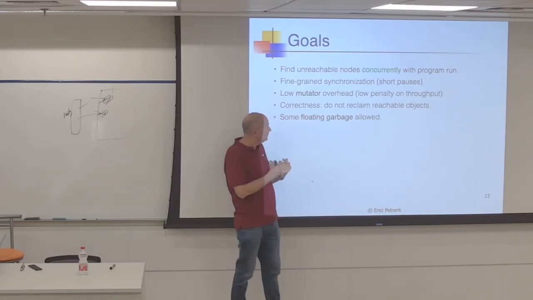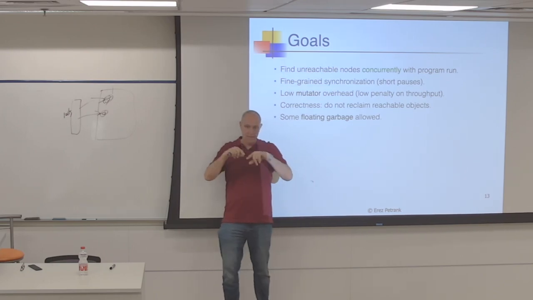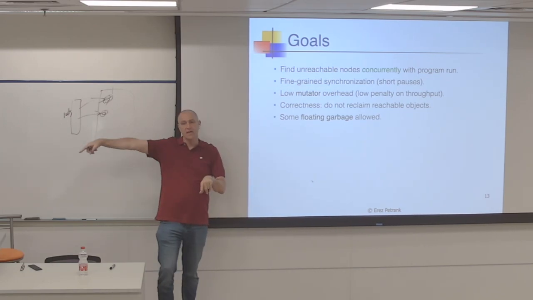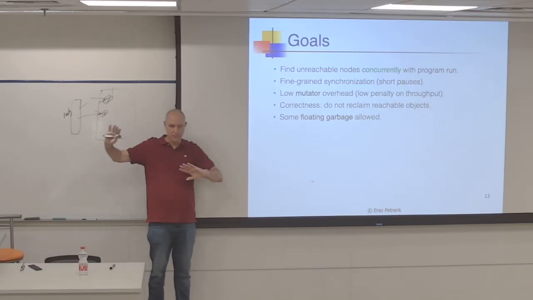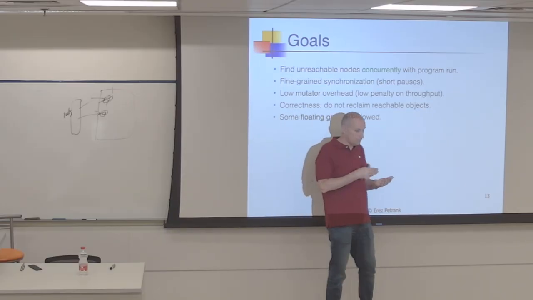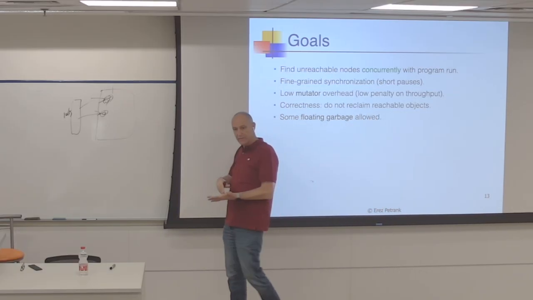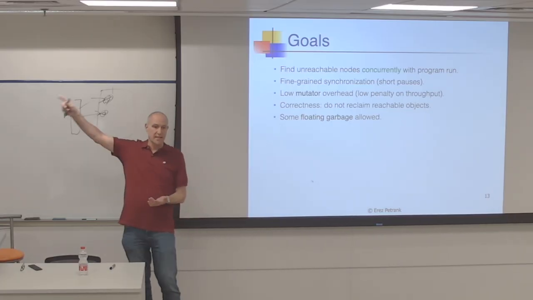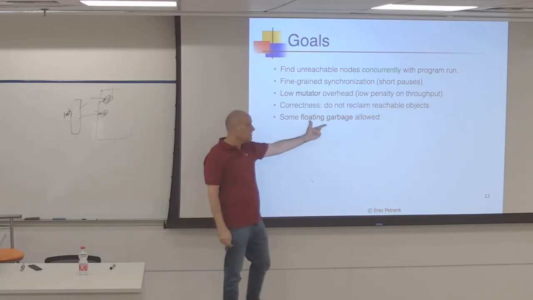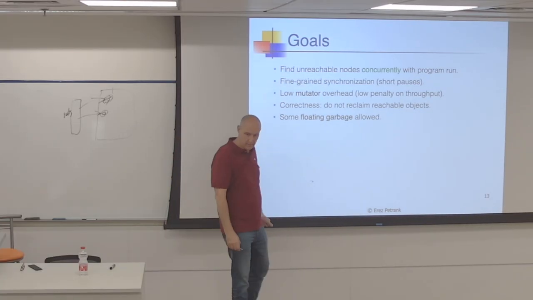What they guarantee is that if something becomes unreachable at some point, in the next garbage collection it is guaranteed that we'll reclaim it. So maybe we'll not reclaim it in the upcoming collection, but in the next one we are guaranteed to reclaim it. So there will be some floating garbage, but not for too long. Okay.